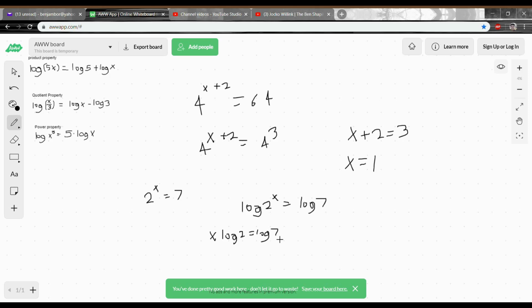And then, since log 2 and log 7 are just numbers, we could solve for x and say that x is equal to log of 7 divided by log of 2. And this could be evaluated. It happens to be equal to 2.807.